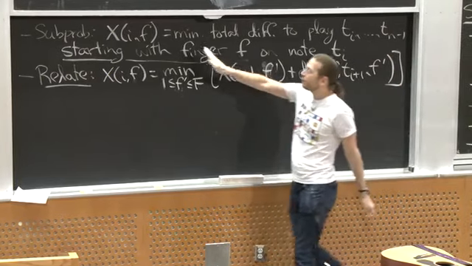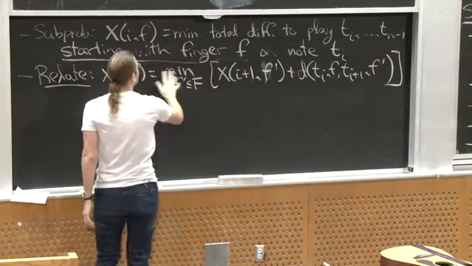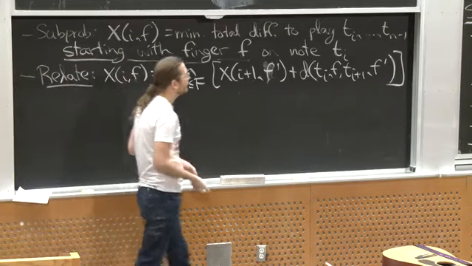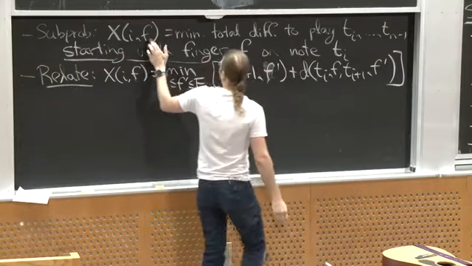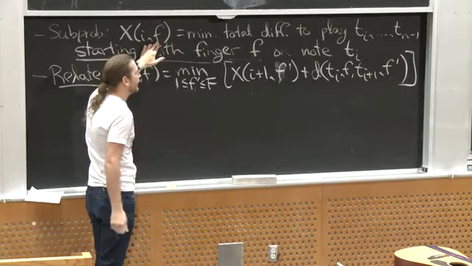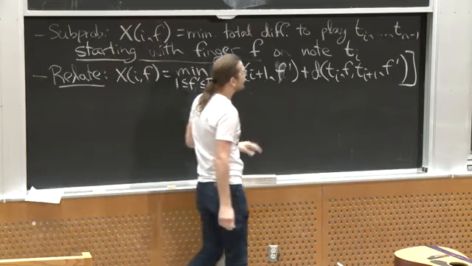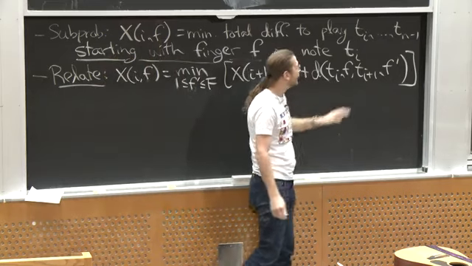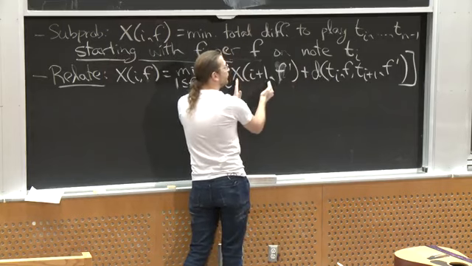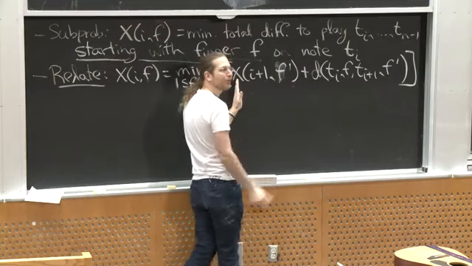If I remove this f, I could add a min over 1 finger, but I can't really add a min over 2 fingers. So what this does, by parameterizing by f here and writing down the optimal for each starting finger f, I'm remembering in this call what finger I started with, because I told it you have to start with finger f prime.